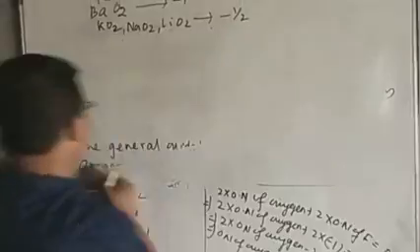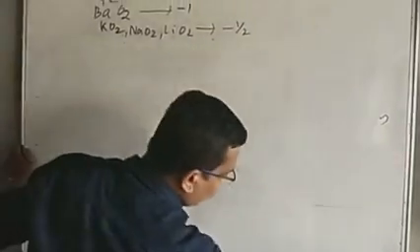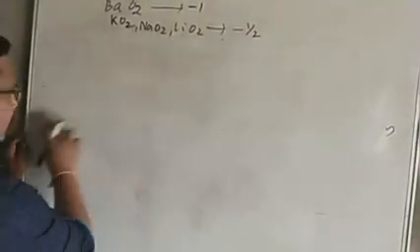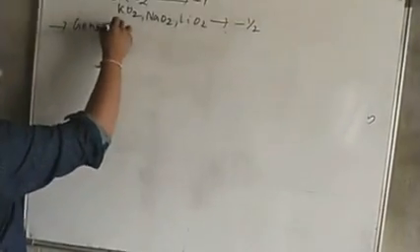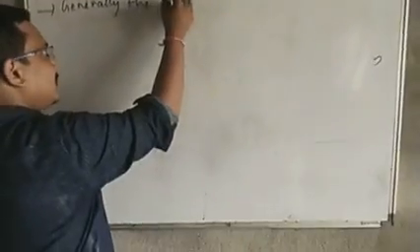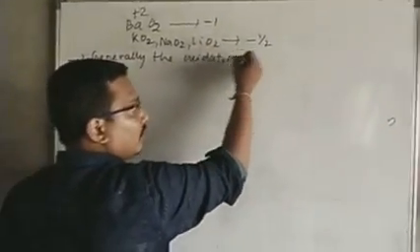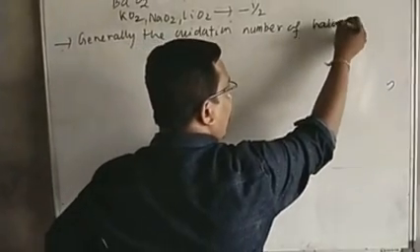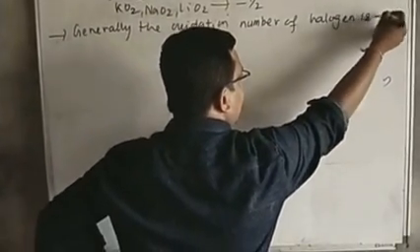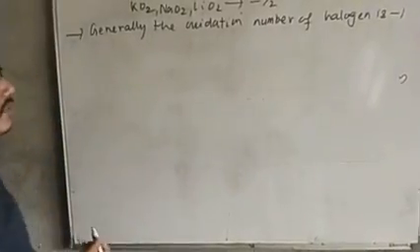Think about another rule. What is the other rule for the calculation of oxidation number? Generally, the oxidation number of halogen is -1.